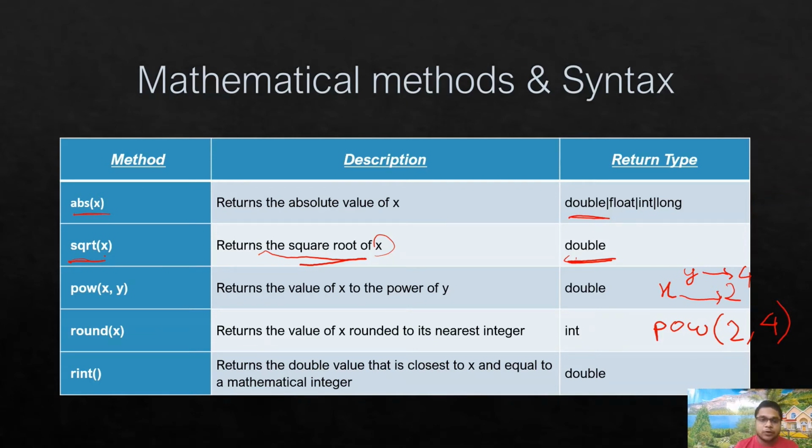In that way we can call that method and calculate the power of that number. Clear? And if you check here, the pow method's return type is also double. The pow method must return a double type. Let's run a program and check whether the pow function is working perfectly or not.